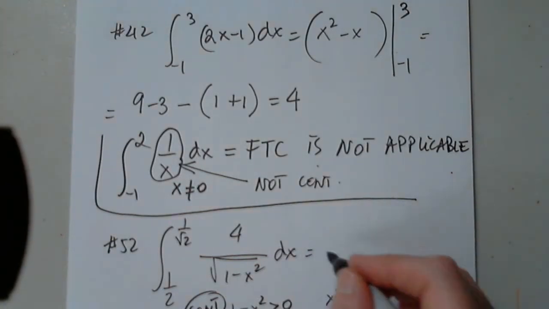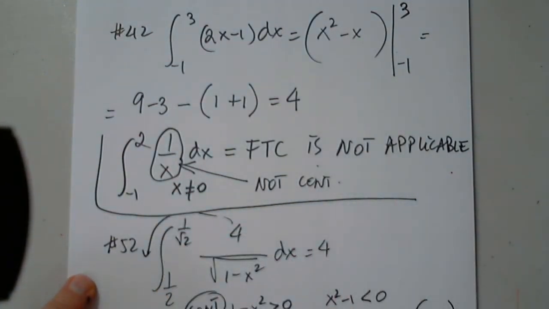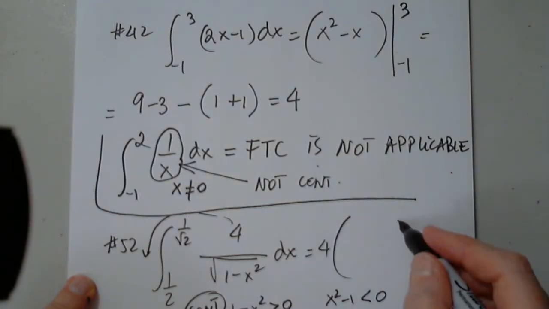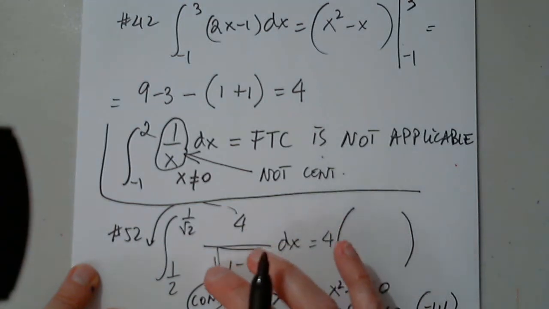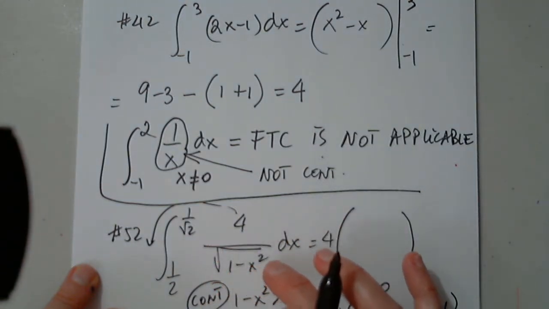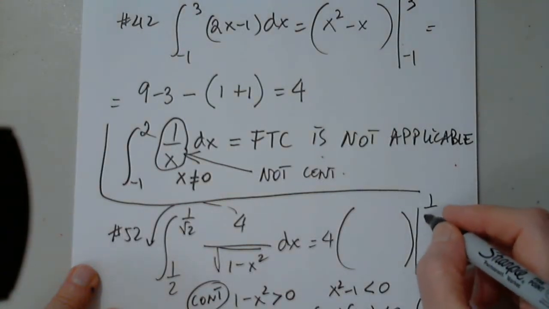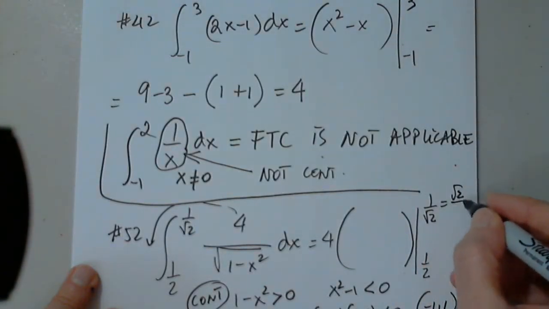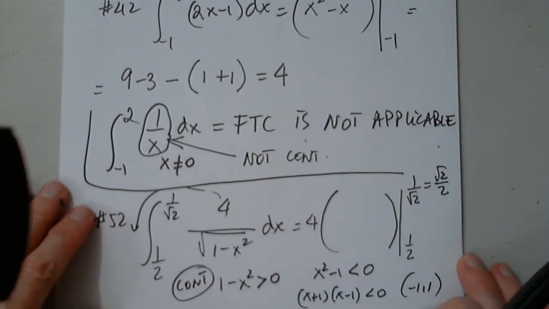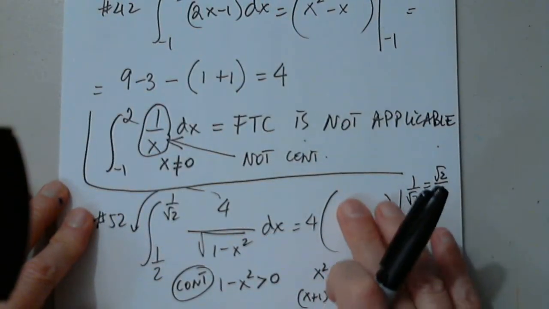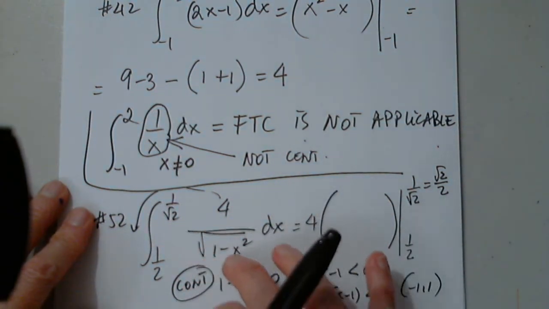So now I have to think in terms of, so 4 goes outside, of course, it does not belong there. I have to find the antiderivative, the function whose derivative is 1 over the square root of 1 minus x squared, and then evaluate it from 1/2 to 1 over the square root of 2, or the square root of 2 over 2, which is the same thing. So now the whole problem reduces to finding the function whose derivative is 1 over the square root of 1 minus x squared.